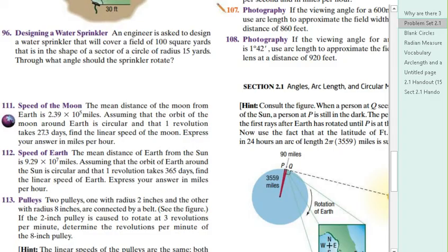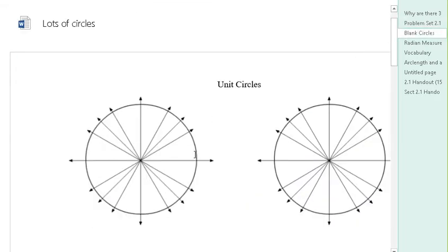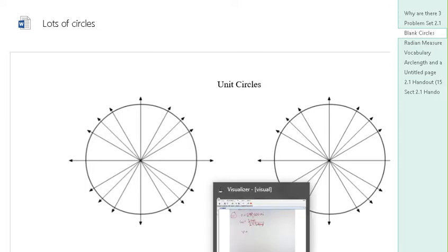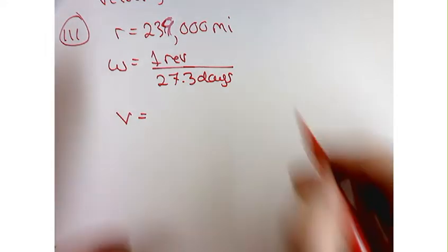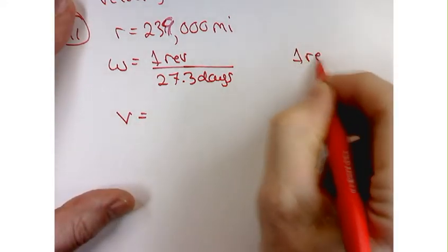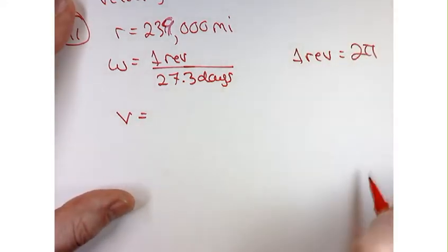Let's think back. What would one revolution be in radians? One revolution would be starting out here and going all the way around. That's one revolution. So what's one revolution in terms of radians? How many radians? 2 pi. Beautiful. So the key to doing this one the right way is to realize that one revolution is 2 pi.